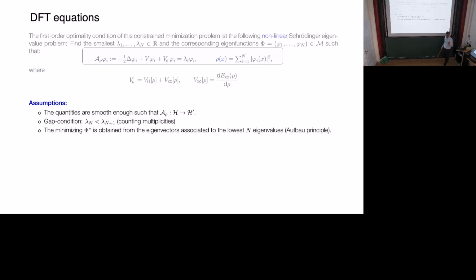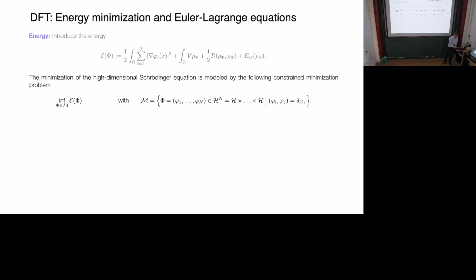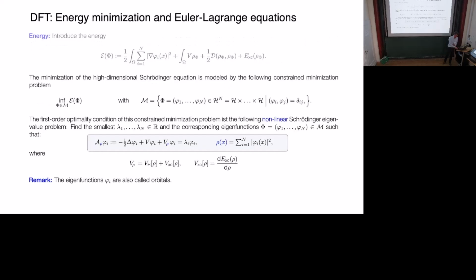Also for nonlinear energies, or for energies that are not necessarily quadratic: if I look at the linearized eigenvalue problem, and I pick the smallest n ones, and then I take this function and put it in the energy, there is no guarantee that if I had skipped this and taken the n plus 1 corresponding orbital and plugged it in here, this energy would not be smaller than the one with the first n.